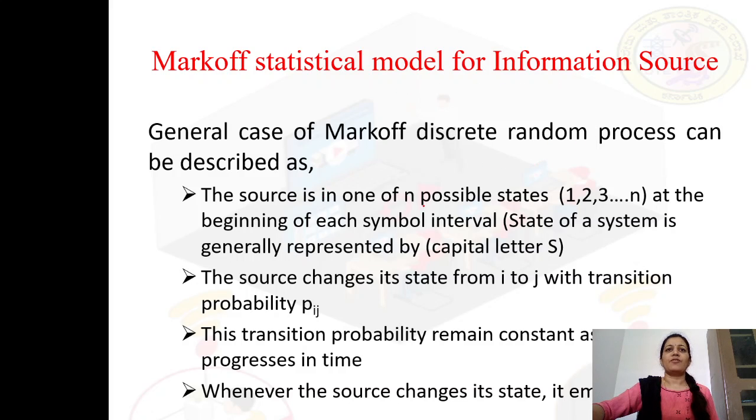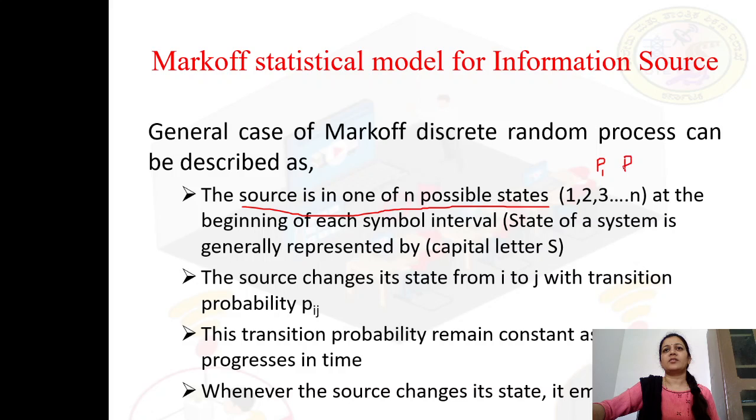Okay. So now if I consider a source, the source can be in any one of the n possible states. So the source is assumed to be in n different states, and it can be in state 1, 2, 3, or in any state up to n. The probability that it is in state 1 is represented as P1.